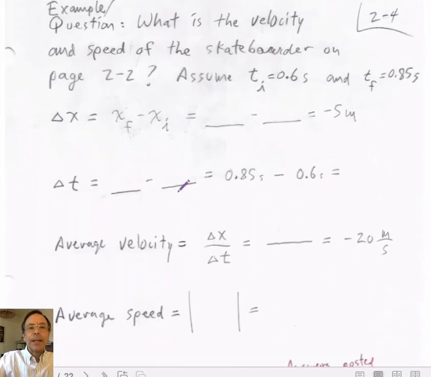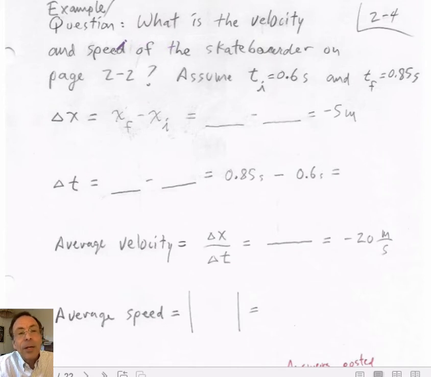So here is an example for velocity. Going back to the previous example, the one where the skateboarder was going to the left, the negative direction. What is the velocity?